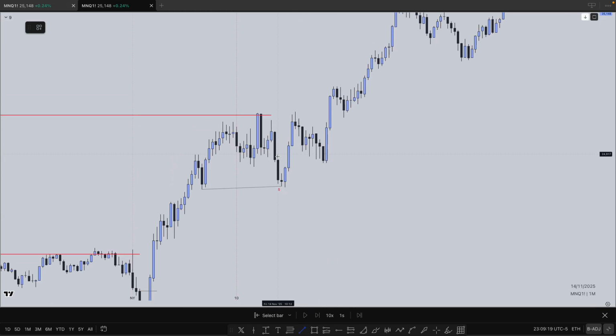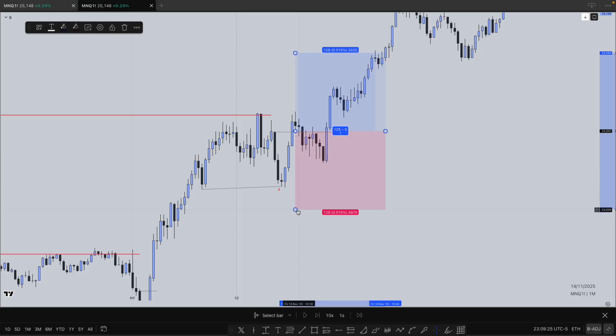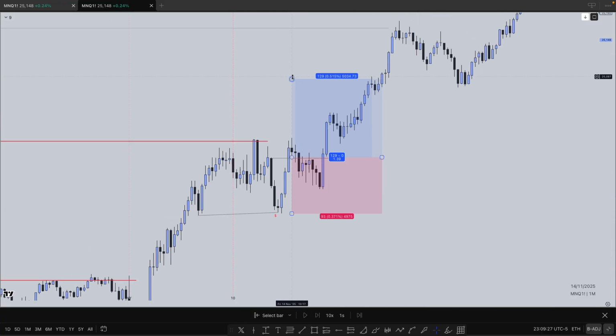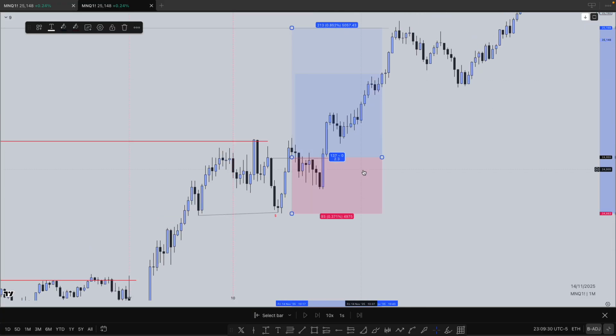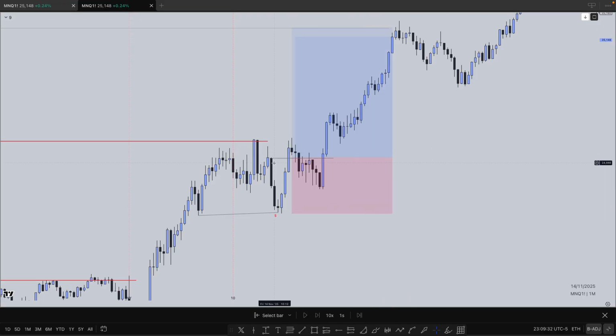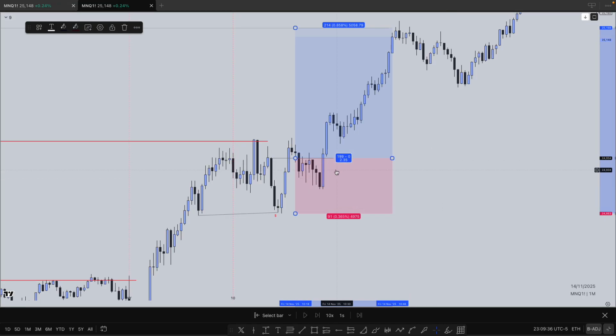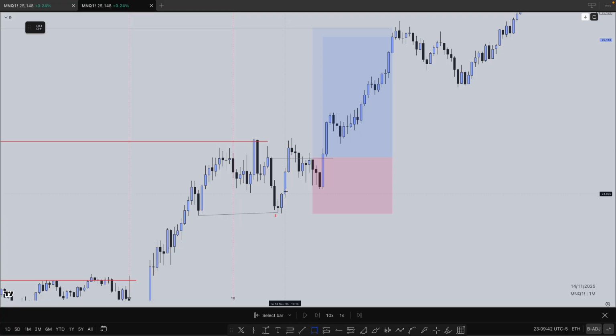Then once you get your change in state of delivery, you could pull the trigger here. And that turns out to be just higher than the 15-minute chart in terms of risk to reward. Alternatively, once you've got the change in state of delivery there, you could look for the midpoints of this little range.